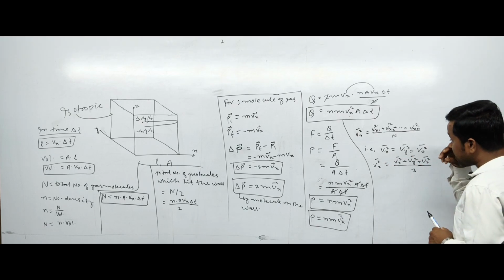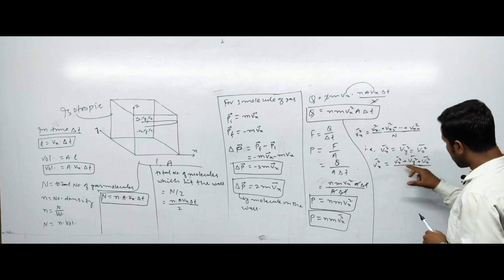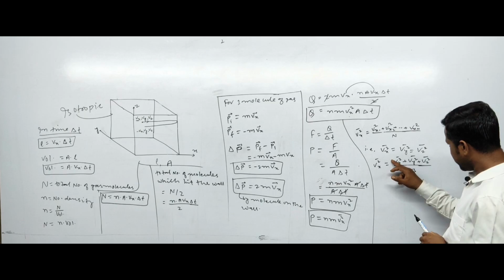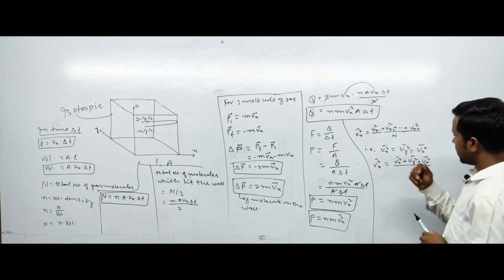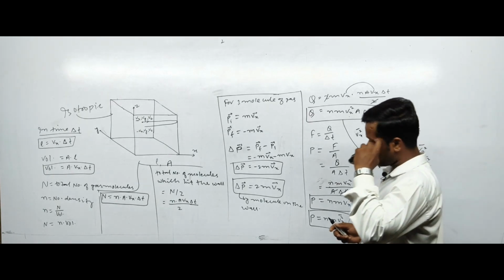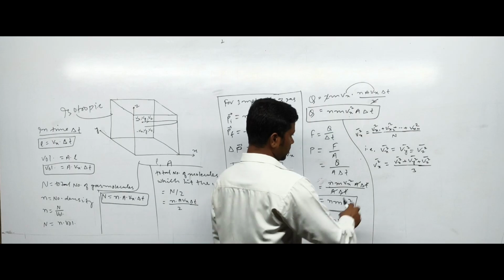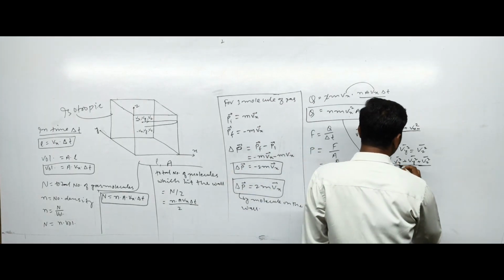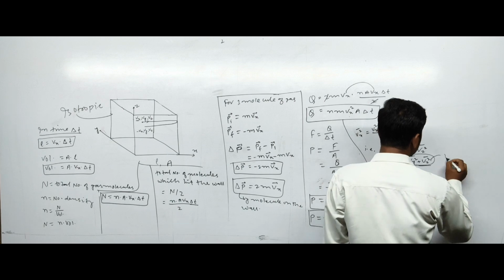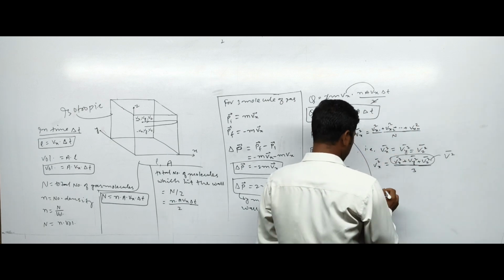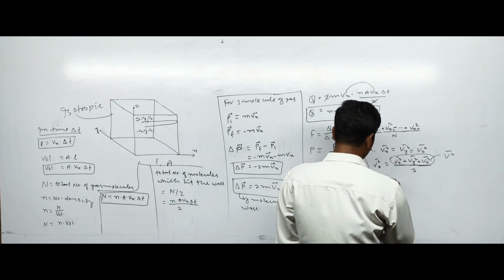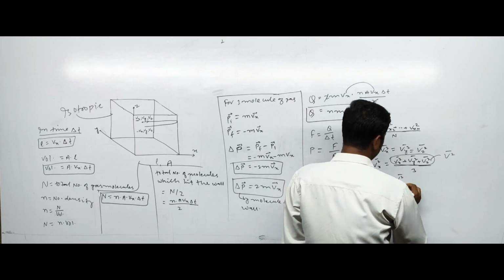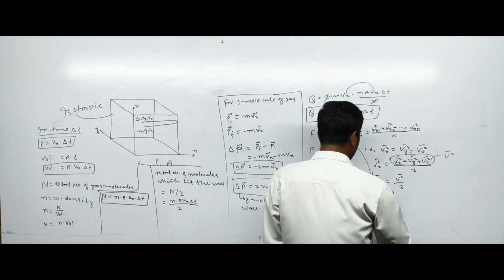We will get 3 into Vx square bar upon 3, the 3 cancels out, the rest is Vx square bar, and this side is also Vx square bar. We will consider this value as V square bar. So we have Vx square bar equal to V square bar by 3.